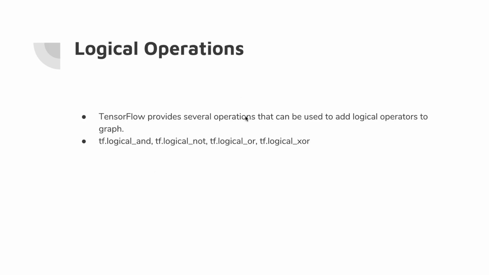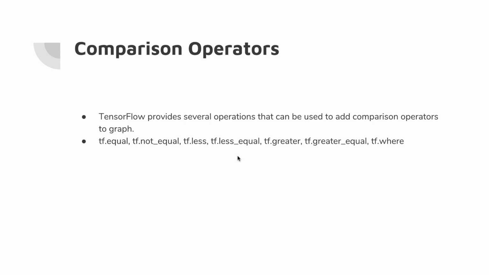Similarly, in the case of logical not, we'll get a tensor whose elements are the element-wise not of the parameter tensor, and so on for the remaining two operators as well.